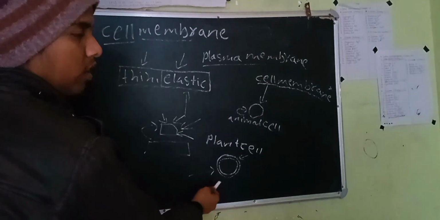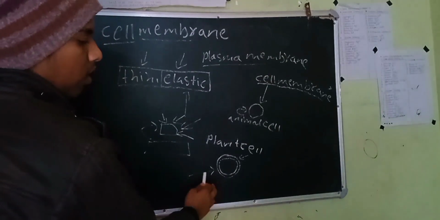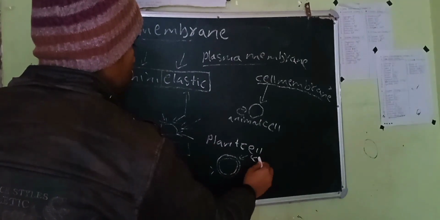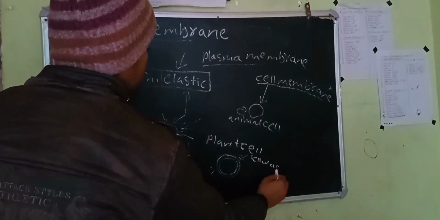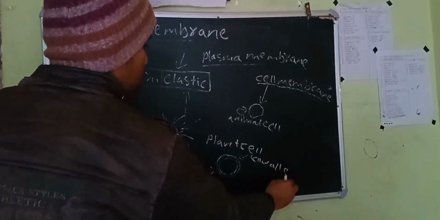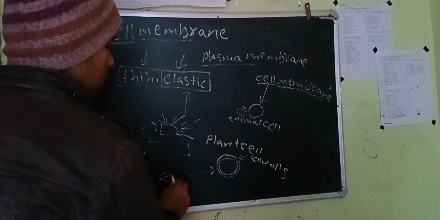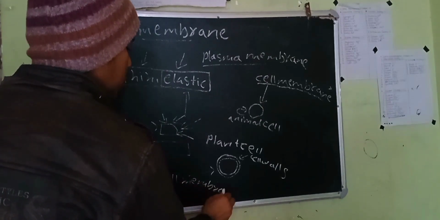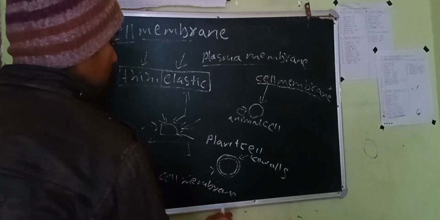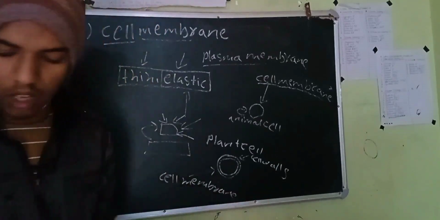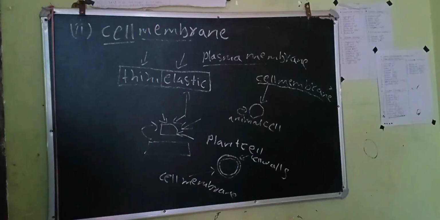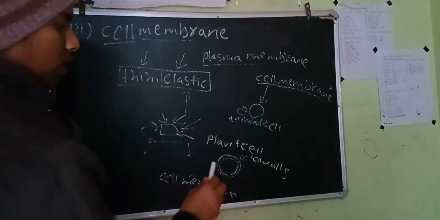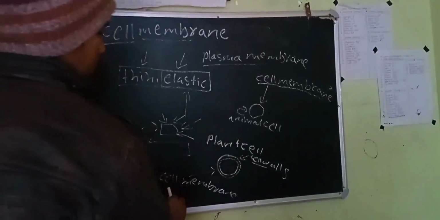Is this visible in the camera? So in plant cell, the first layer is cell wall, and the second layer is cell membrane. So in plant cell, both are found, cell wall and cell membrane.